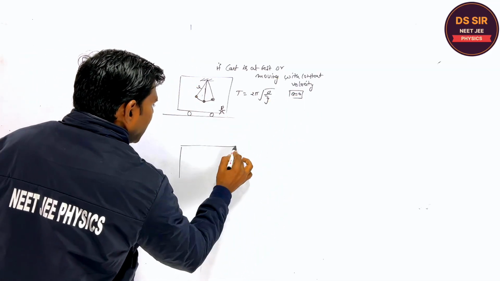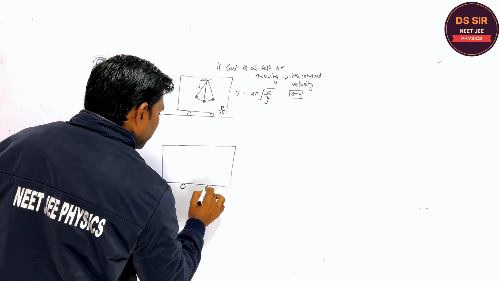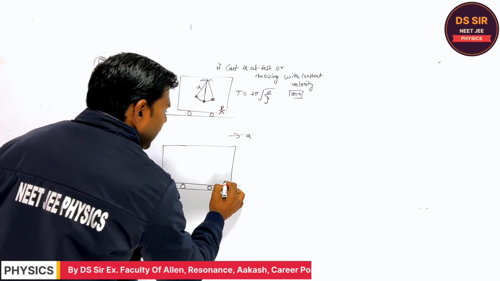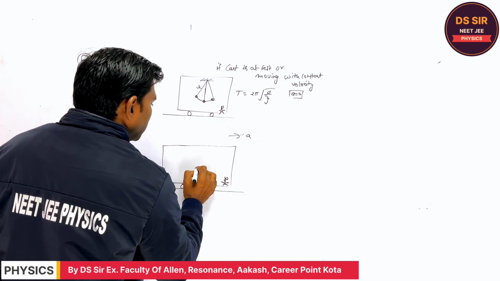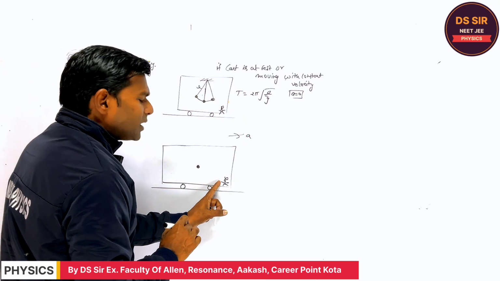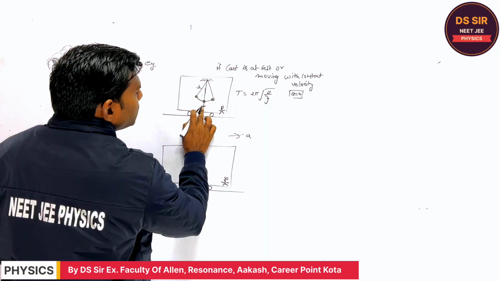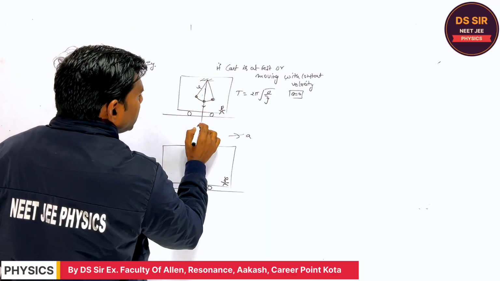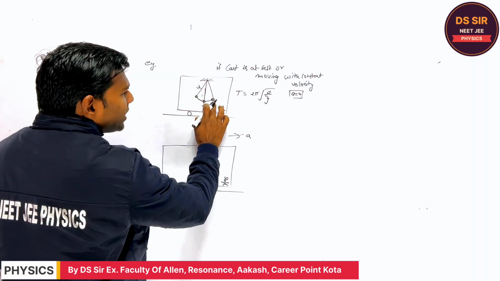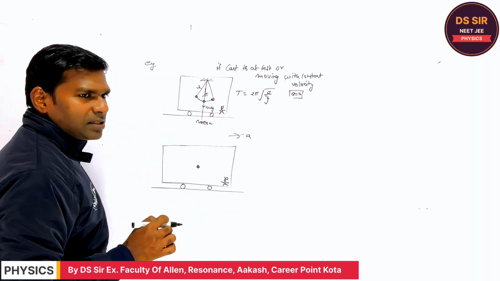Now, if this cart starts accelerating with acceleration a in the forward direction, and you are sitting over here, if you consider a mass m, with respect to mass m, how many forces will act upon this? In this case, it was the mean position. If it is at rest, no displacement is there, the tension will balance the mg.